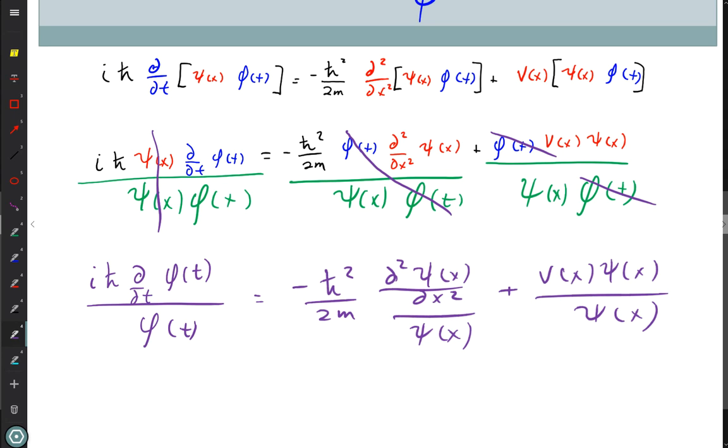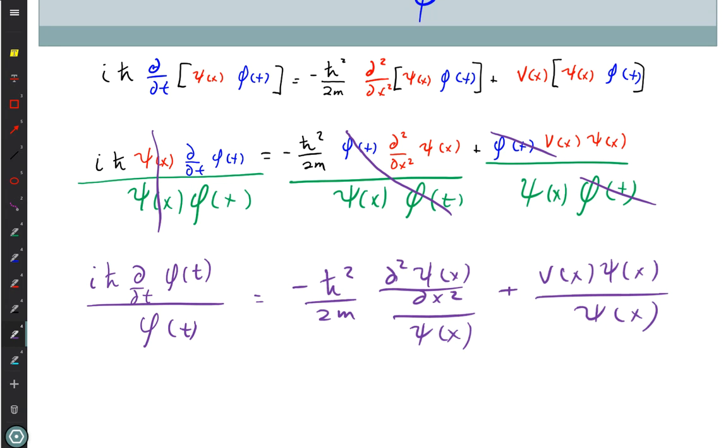Now, the left-hand side is purely a function of time. The right-hand side is purely a function of position. So that means that both sides have to be constant, because if I change time, but stay at the same position, I can't have a change in the right-hand side.